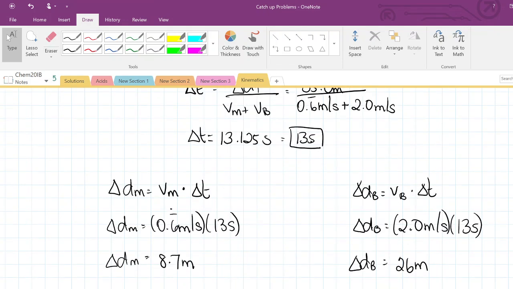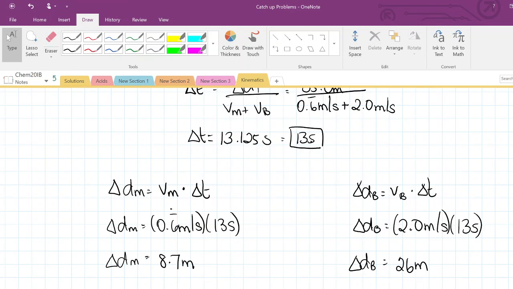Now, in order to figure out the position, I'm going to take this time and put it back into my distance equals speed times time for the mosquito, and distance equals speed times time for the bike. And you'll notice I get 8.7 meters for the mosquito. I get 26 meters for the bike.